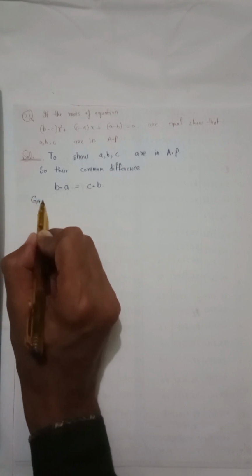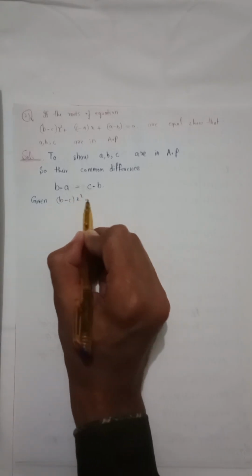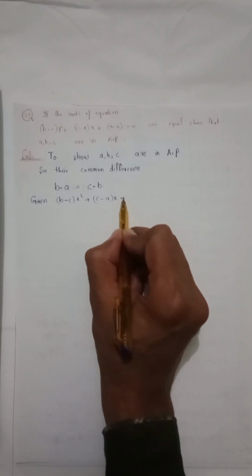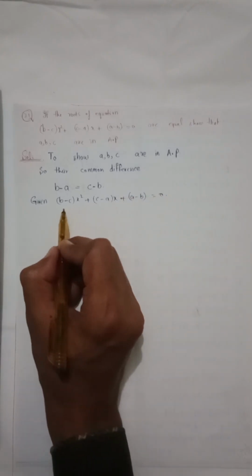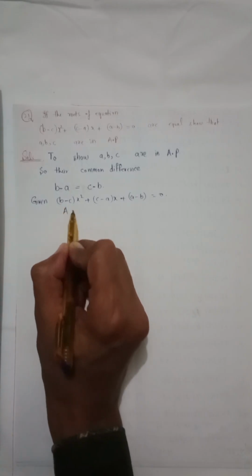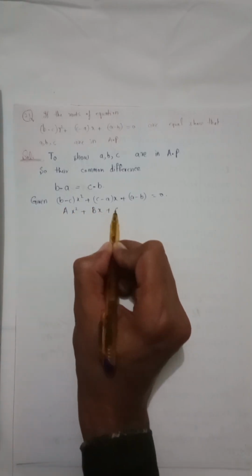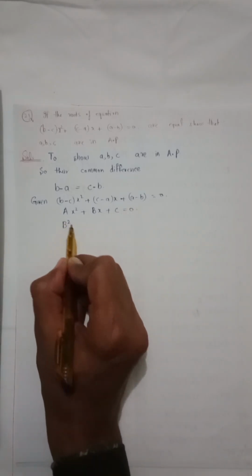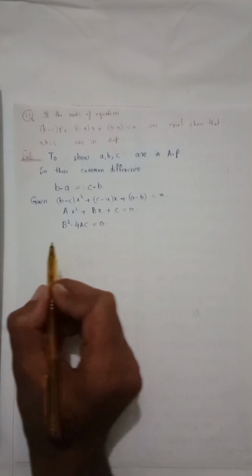In this question, the given equation is (b minus c)x square plus (c minus a)x plus (a minus b) equals 0. As this is a quadratic equation of this form, we know that b square minus 4ac equals 0.